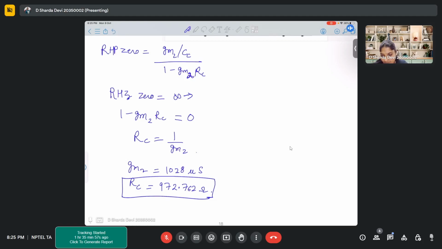Power amplifier based questions were not there last time. Maybe I'll see if there are any; lectures might be there, but problems won't be there. And even I guess you will not get power amplifiers in exams also, if I'm not wrong.